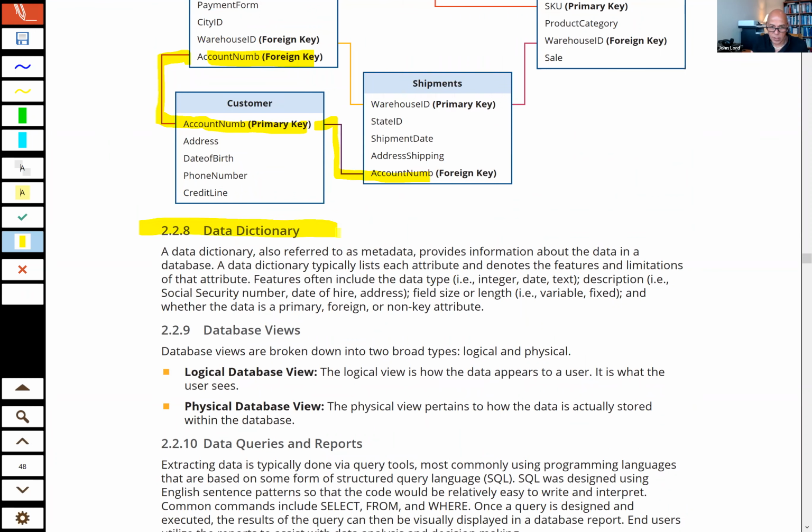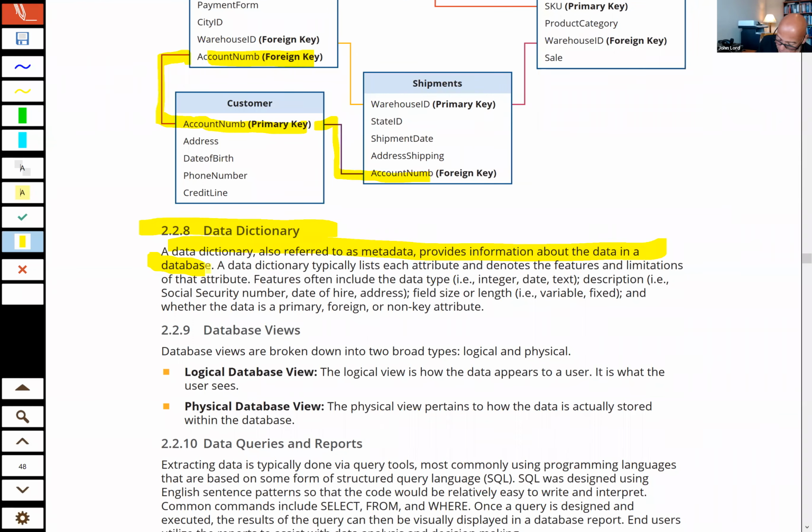Now, anytime you're going to do an analysis and you have, say, a client that's going to be giving you a lot of data, or you're in charge of managing the databases inside of the company, you want to maintain or at least acquire from a client a data dictionary, which is also referred to as metadata. It provides information about the data in the database.